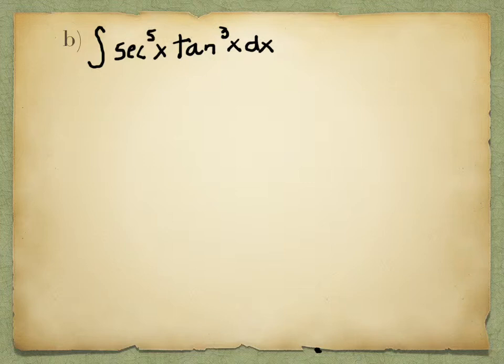So what does guideline 2 say I'm going to do? Okay, so I'm going to save a secant tangent back here. And this one just is secant x, tangent x. I don't have to worry about any multiple angle inside there.